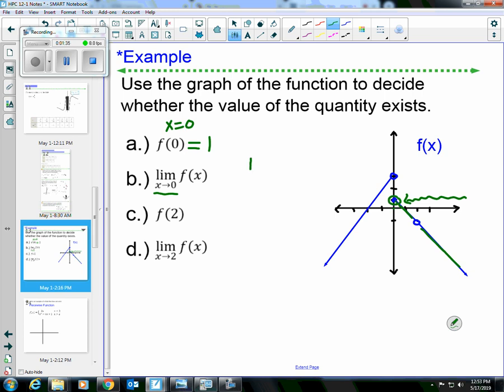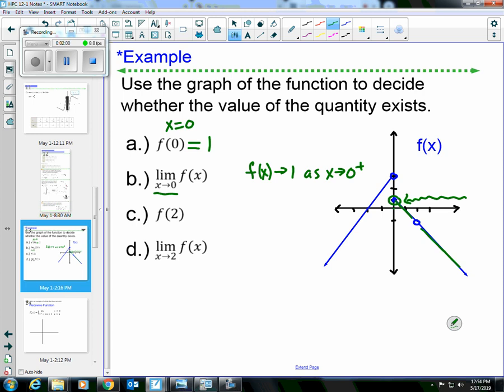So we would say the limit as x is approaching 0 from the right-hand side, so we're going to call that 0 plus, of the function, or maybe I'll just say it this way: f of x approaches 1 as x approaches 0 from the right.